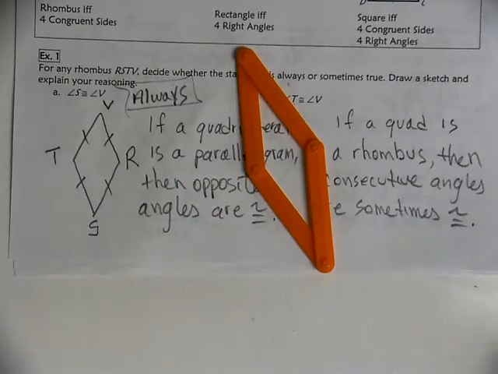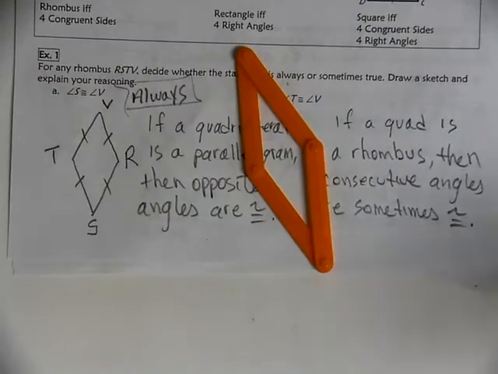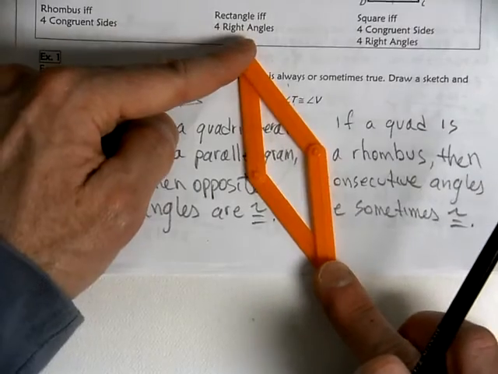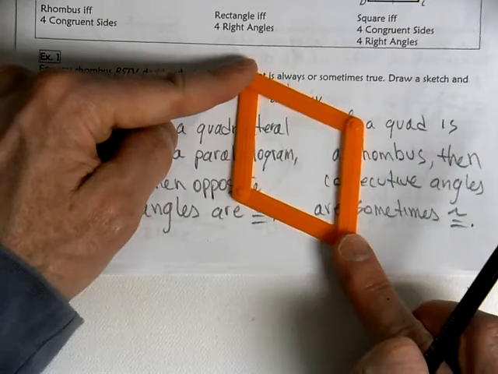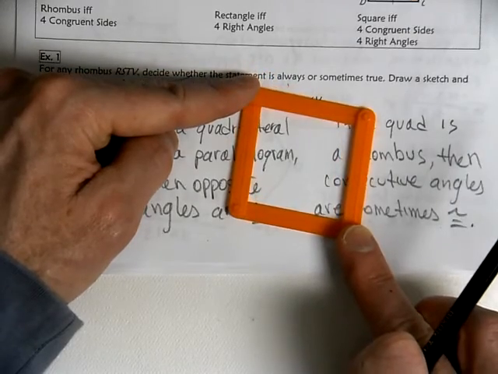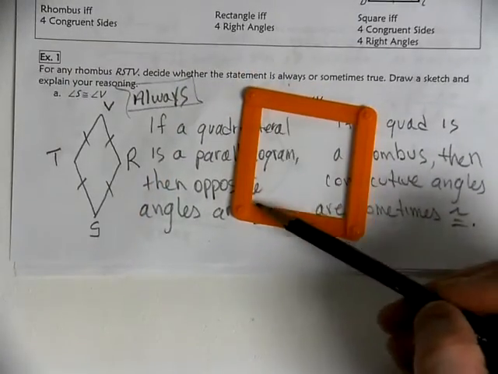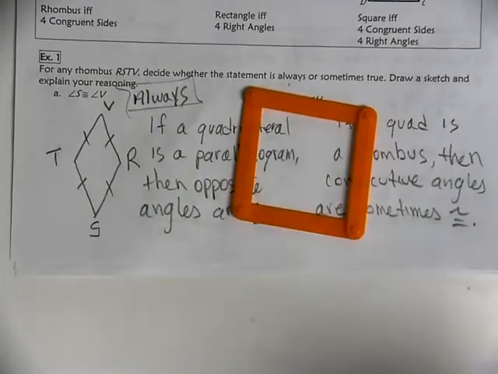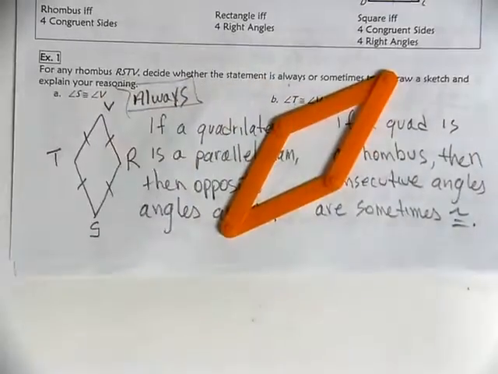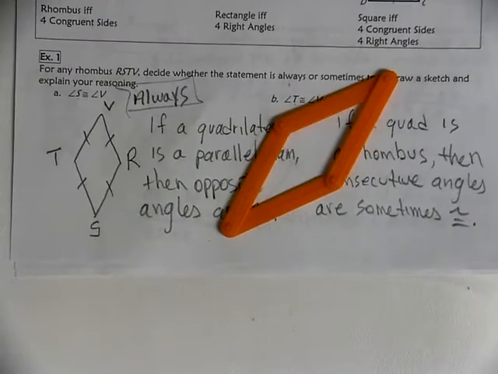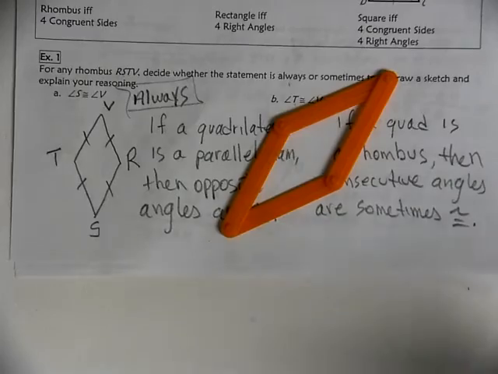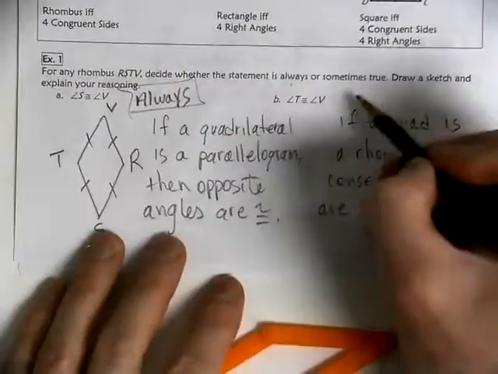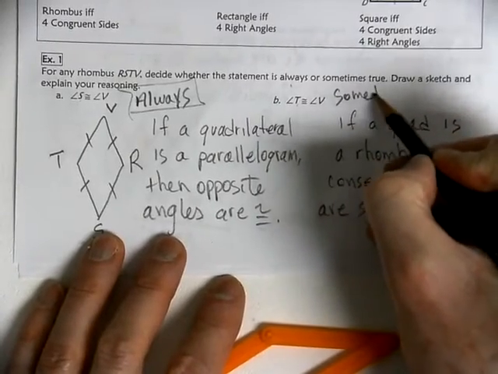Take a look at our shape. Consecutive angles are not congruent here. We've got a small one, we've got a big one. But if we adjust that and make the angles different, it is possible we get to a spot where they're exactly the same. So sometimes it can be there, but not always. It doesn't have to be there. A rhombus doesn't have to have consecutive angles congruent. So this is sometimes.